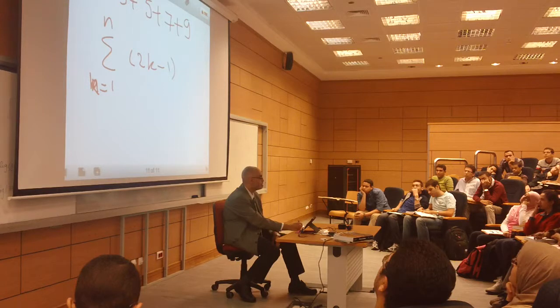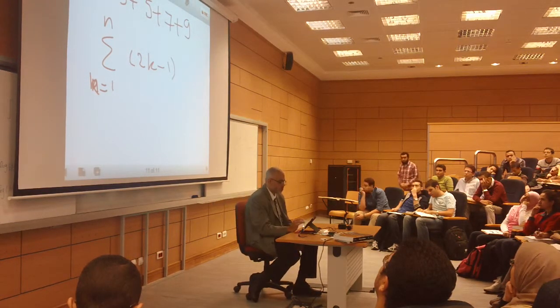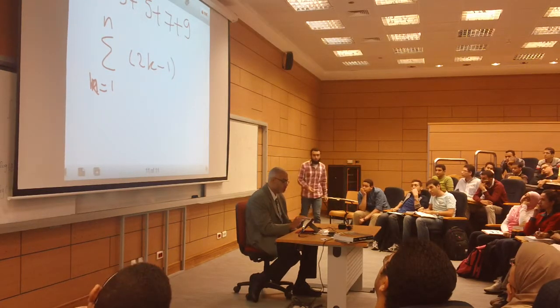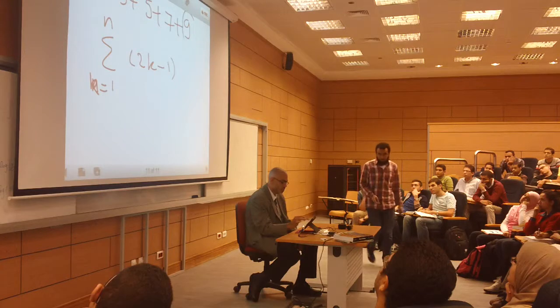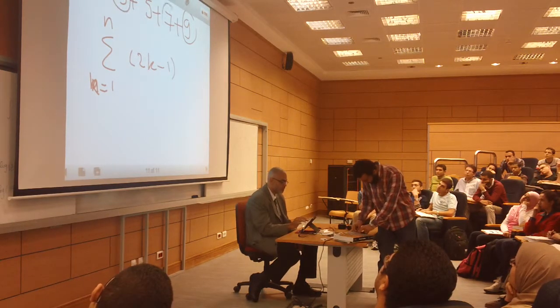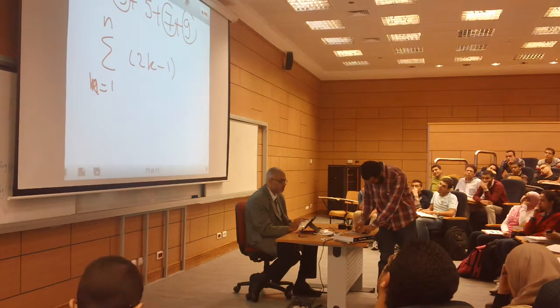Okay? 2k minus 1. First of all, what is this? 1 plus 9 is 10. 3 plus 7 is 10. And 5, so this is 25.